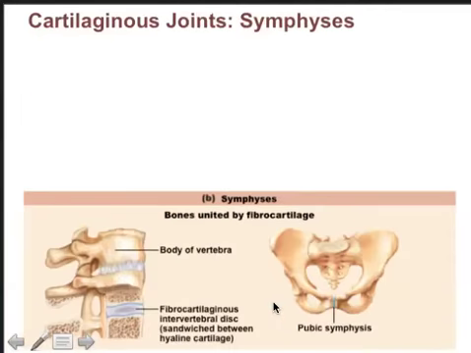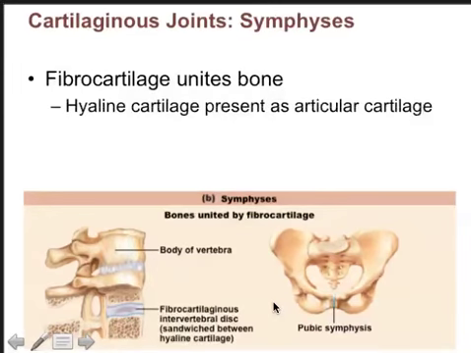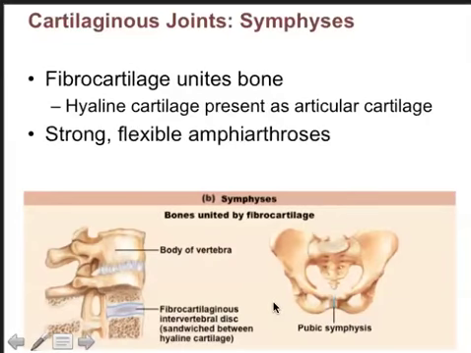Now, symphyses are another type of joint. This is where fibrocartilage unites bone. Hyaline cartilage is present as articular cartilage, and this provides strong, flexible amphiarthroses. And you can see an example here with the pubic symphysis, which is where the os coxa meet at anterior midline, and also with the intervertebral discs, which provide articulations between the vertebrae.